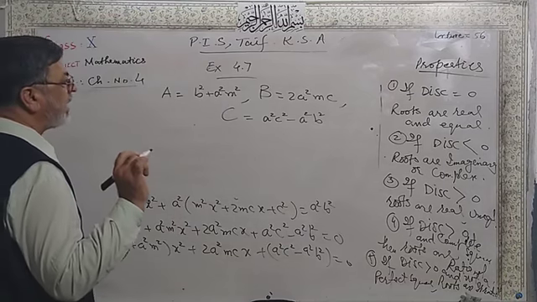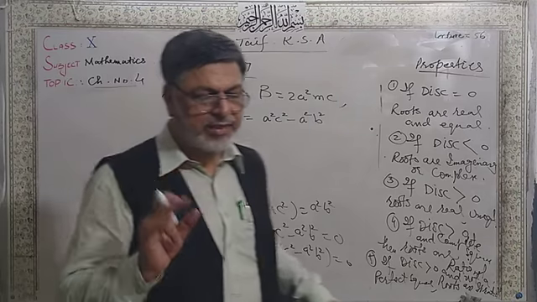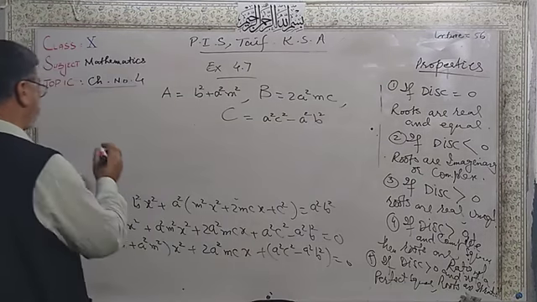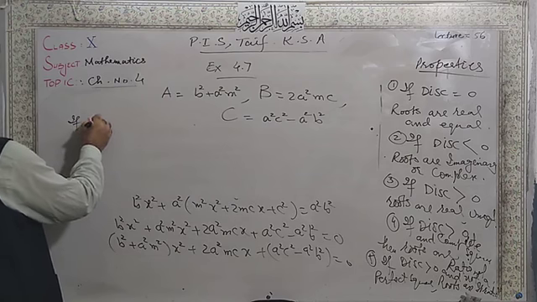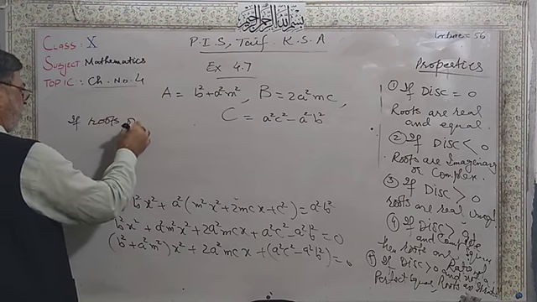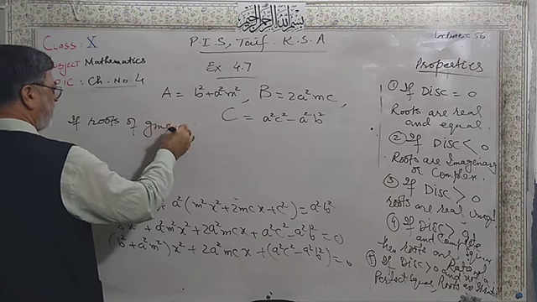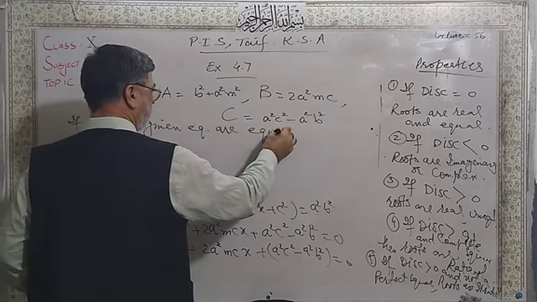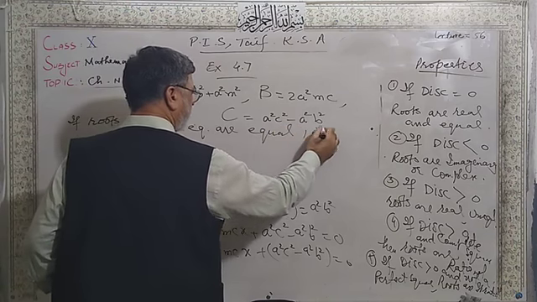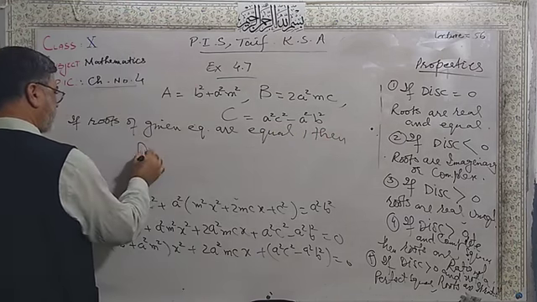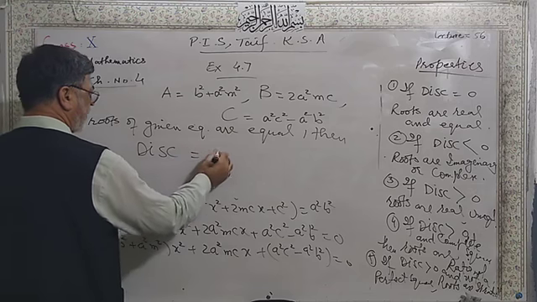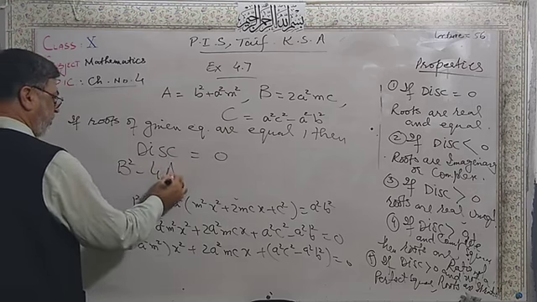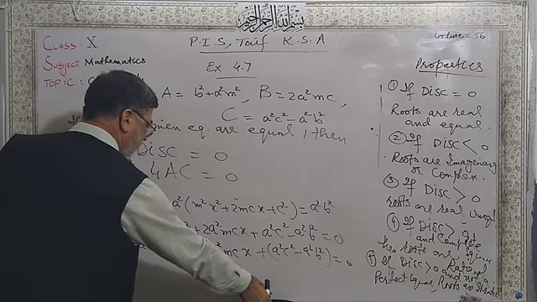If the roots are equal, what was given? This equation will have equal roots. If roots of given equation are equal, then the discriminant is equal to 0. That is B square minus 4AC is equal to 0.